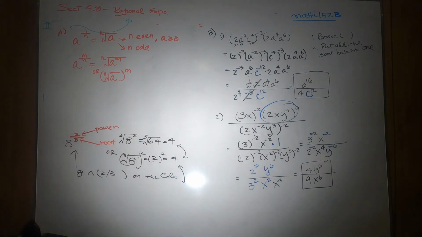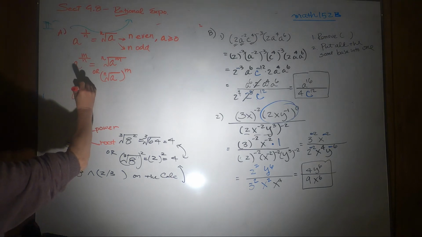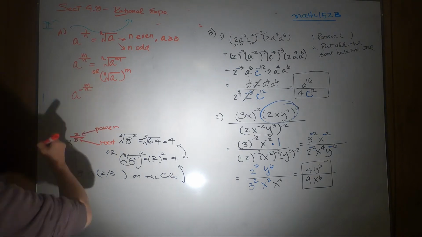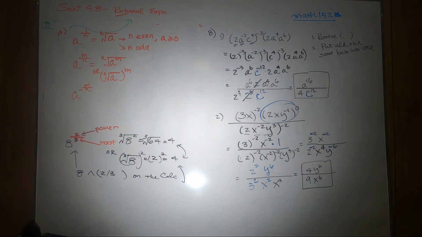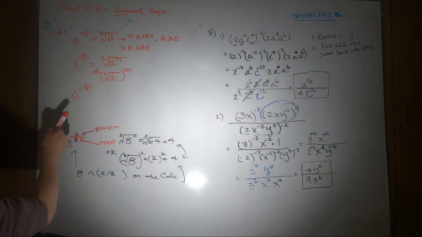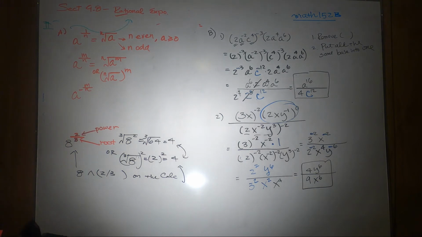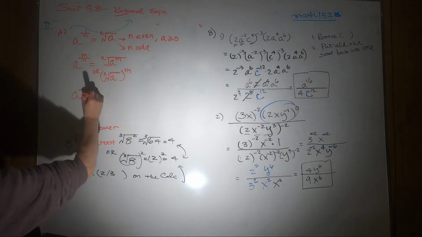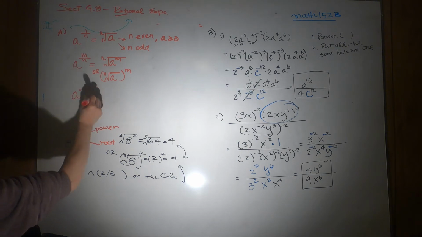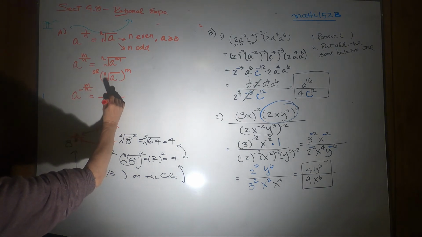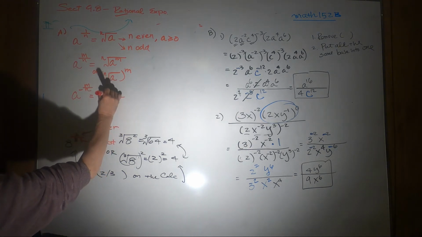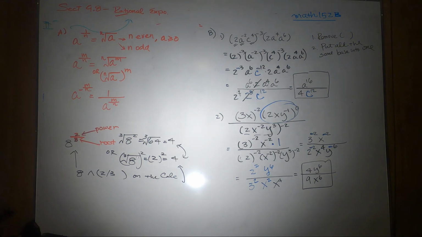Okay? Then same thing, if you have a fraction as an exponent, and also you have a negative, they all are symbols. So you have to interpret the negative first. Negative means what? Reciprocal, right? That would be that.